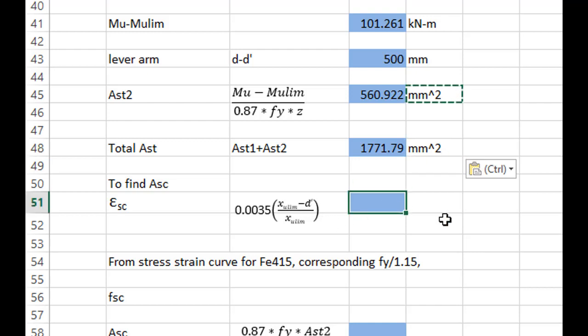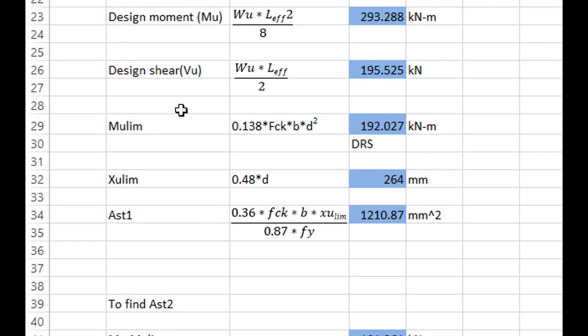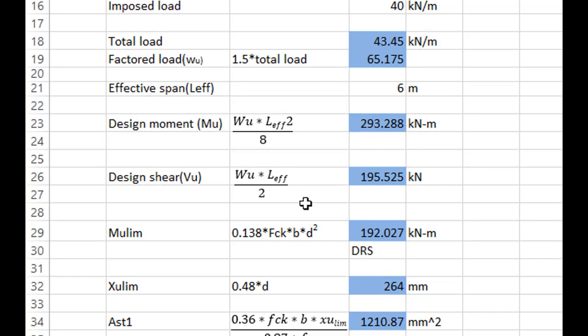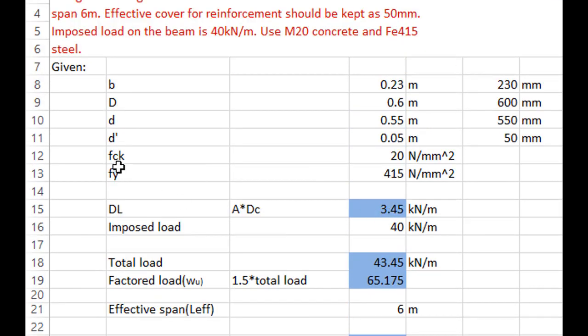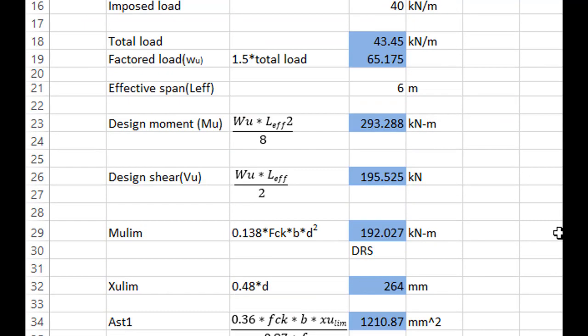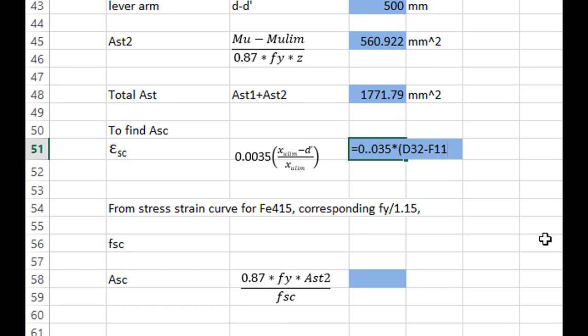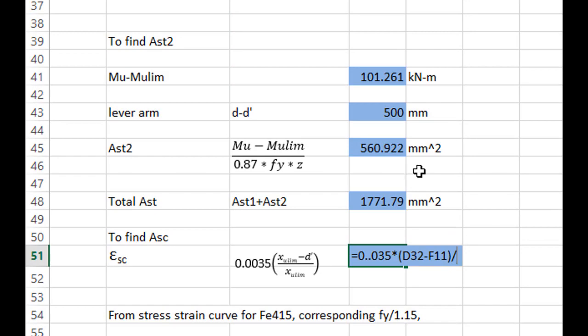So let us calculate the value here. 0.0035 into bracket XU limit, we have calculated the value of XU limit, minus D dash, again D dash is given to us, which is 50 mm, divided by XU limit.